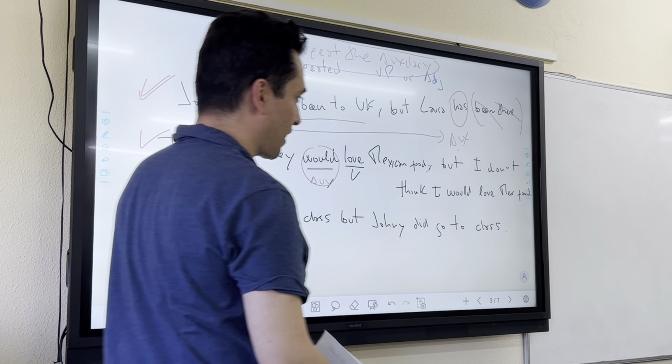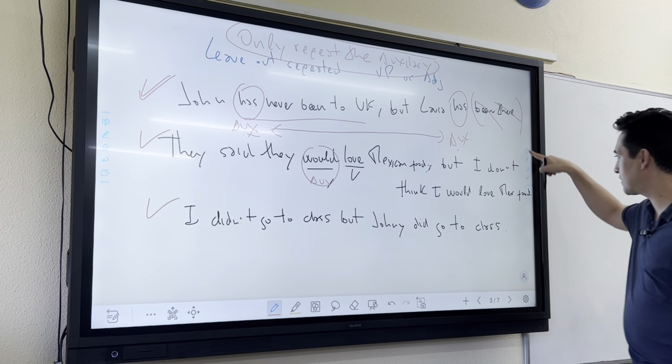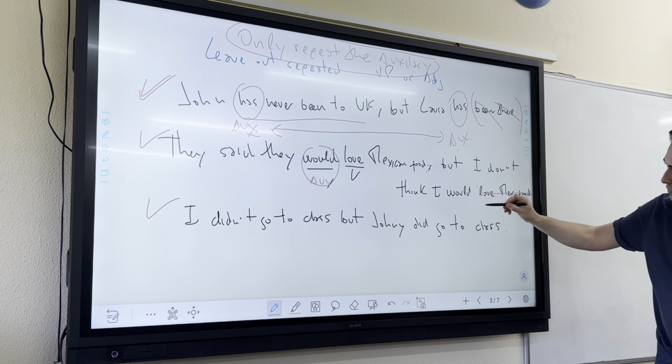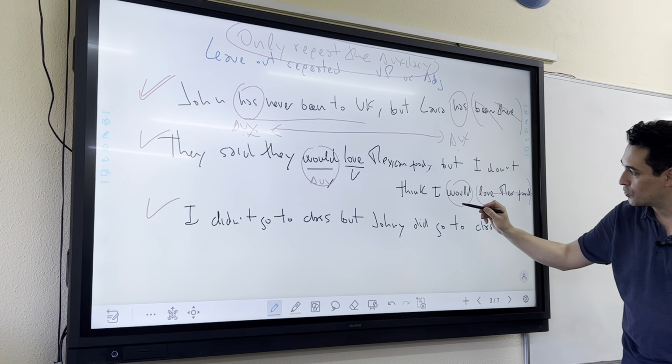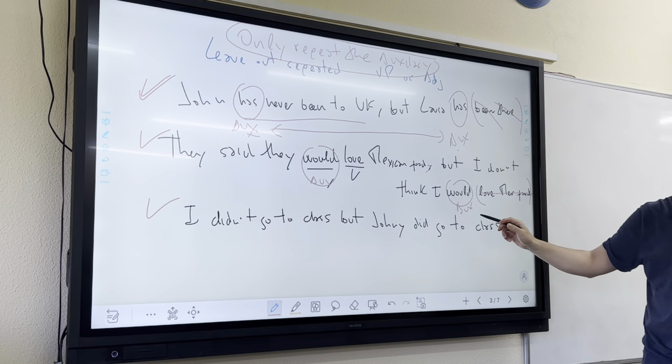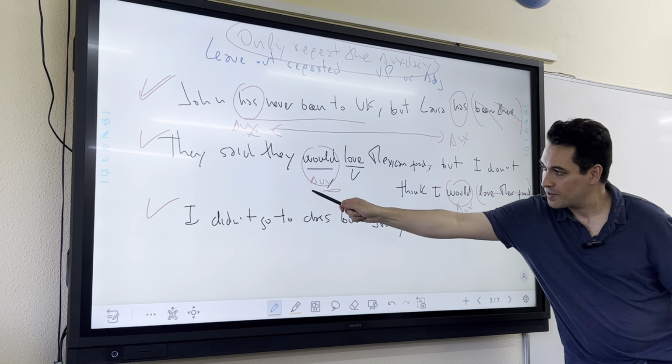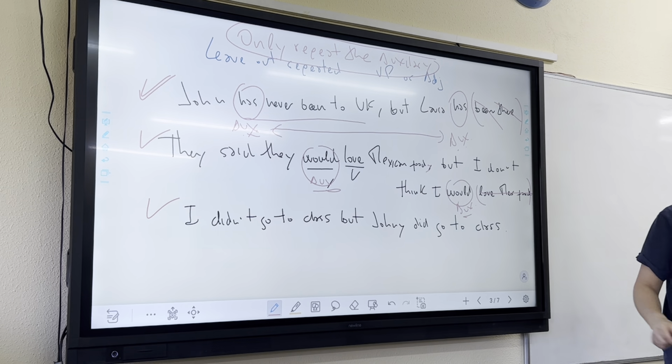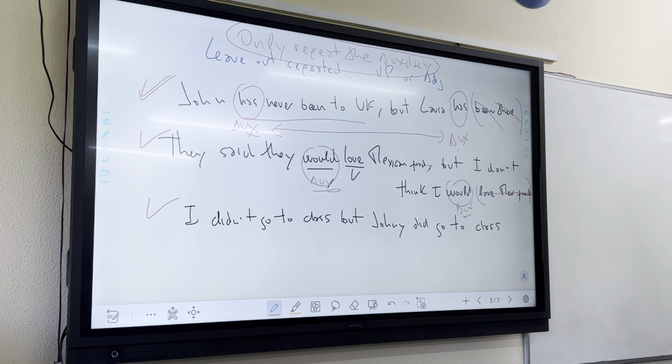Very good, but I don't think I would. And then the rest is left out. Would is the auxiliary. So we repeat the auxiliary, but not the rest of it. That's the thing we repeat.